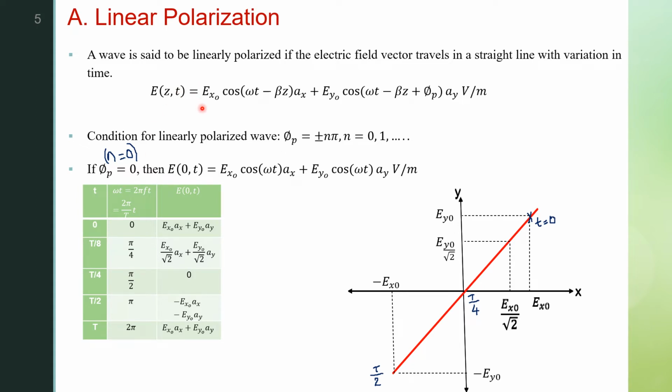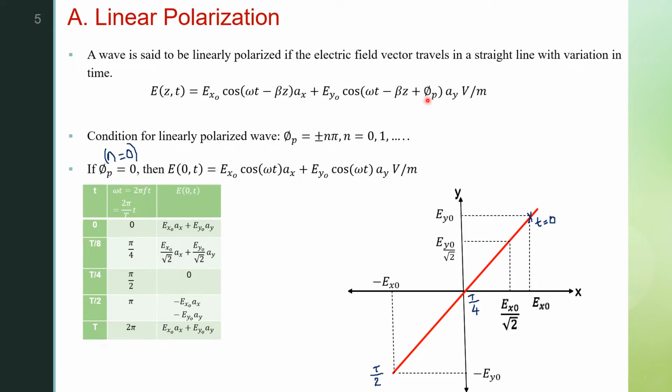So from this particular expression of the electric field intensity vector, let's substitute phi p is equal to 0, and we are going to assume a fixed point in space, and that fixed point is z equal to 0. So E of 0 comma t is equal to Ex0 cos omega t ax cap plus Ey0 cos omega t ay volt per meter.